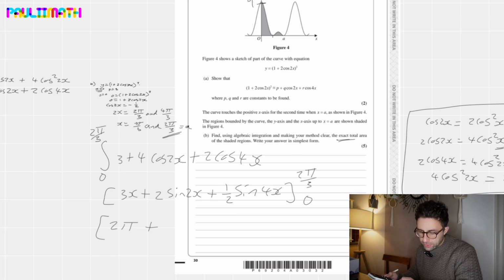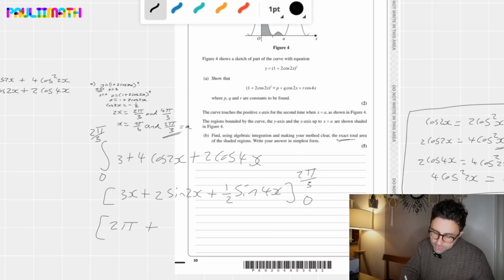Let's just do that in the calculator. Yeah, I'm now in radians. So sine of 4 pi over 3 is minus root 3 over 2. And then you're timesing it by 2, so that'll just go to root 3.